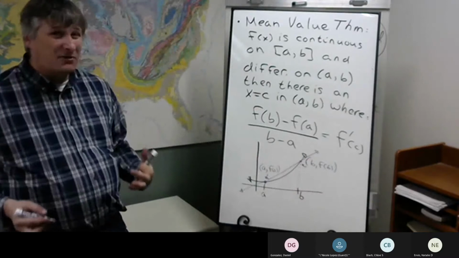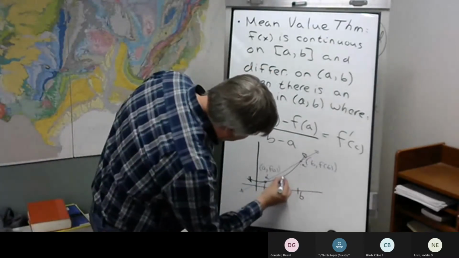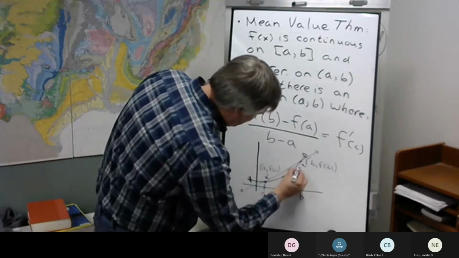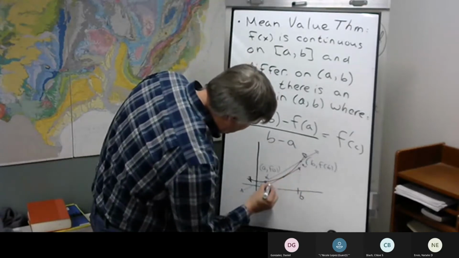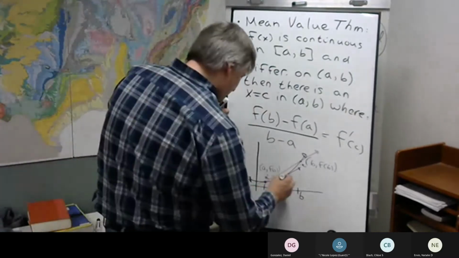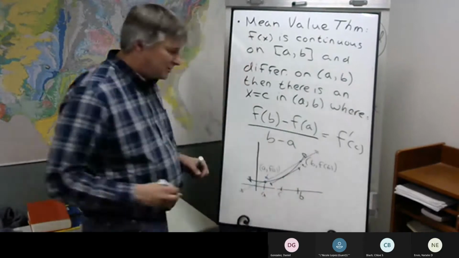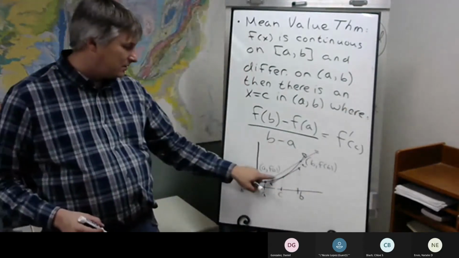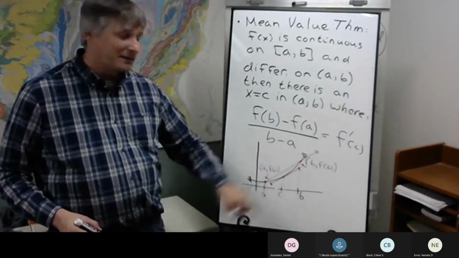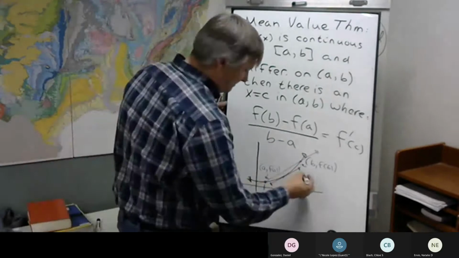And what the mean value theorem is this. There's going to be a point on this curve where there's a tangent line that has the same slope as this line passing from here to here. That's what this is saying.